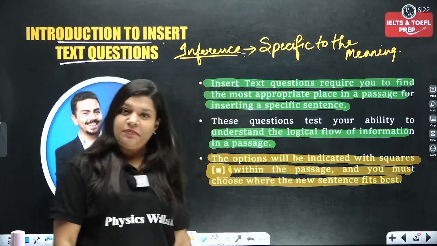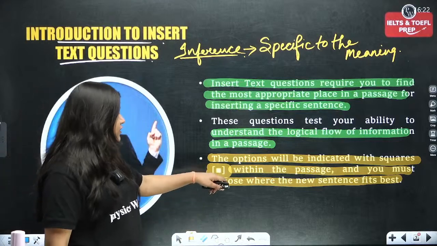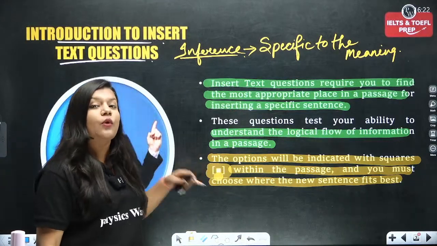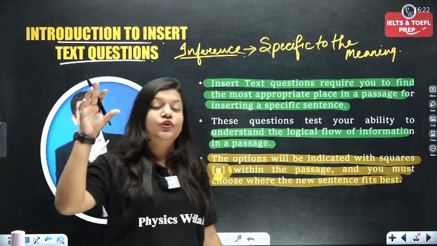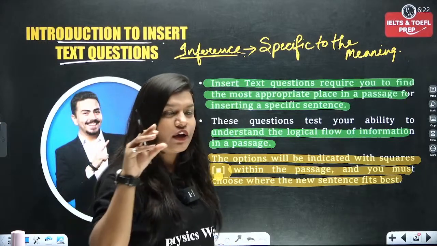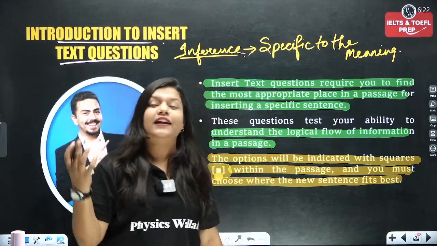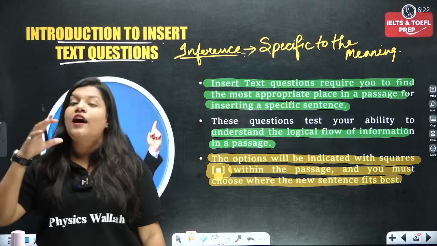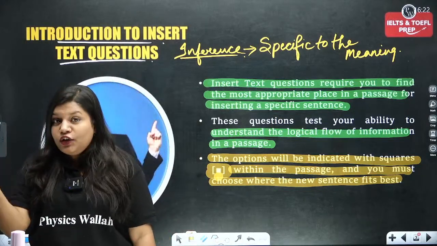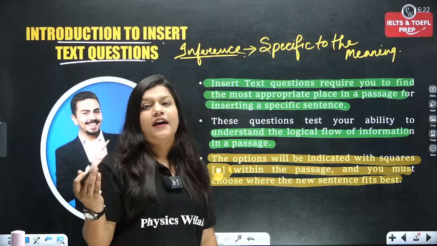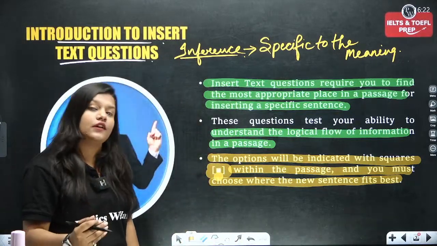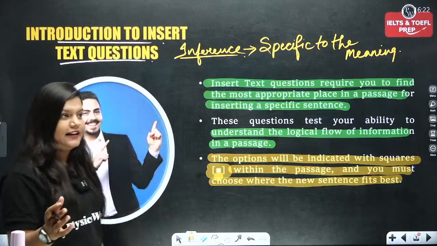In the passage, you are going to look at these squares. There are going to be squares in the passage where you can fit the new sentence. You need to decide after which square, or after which sentence, the new sentence is going to fit within the context of the passage, so that there is a smooth transition of the idea, right?